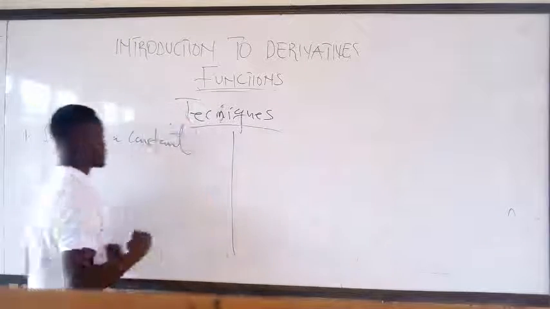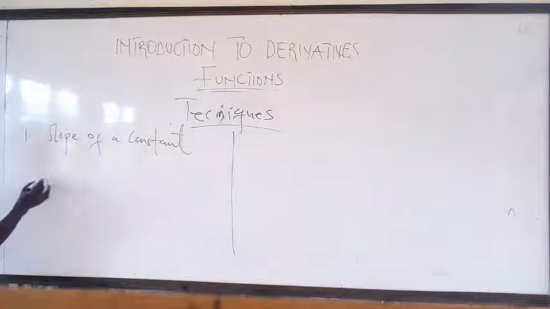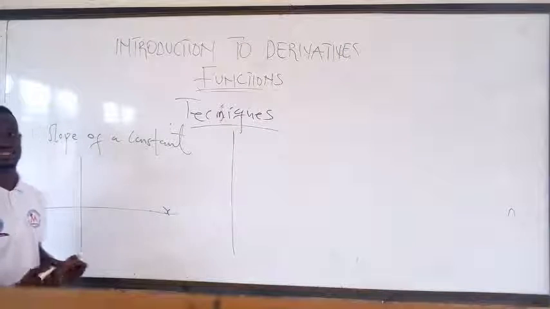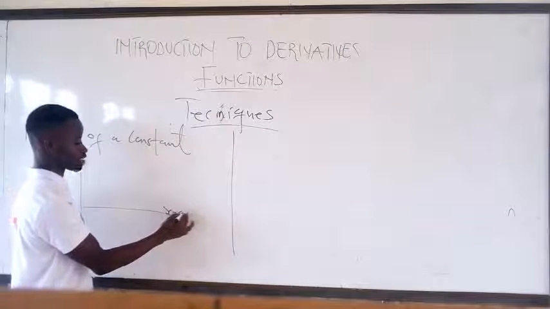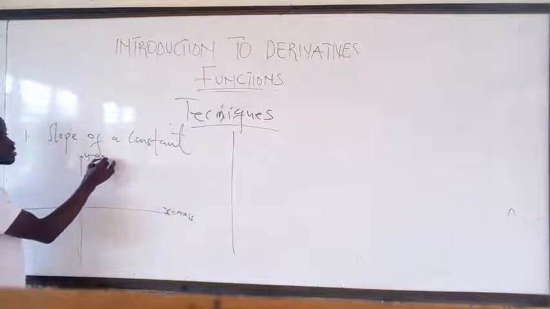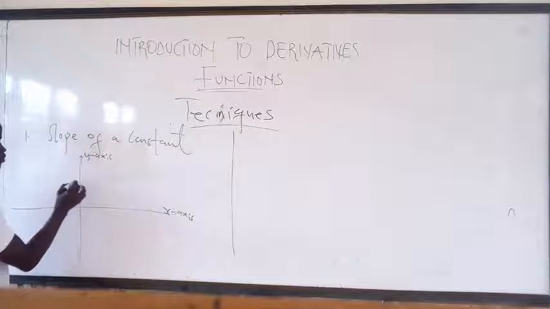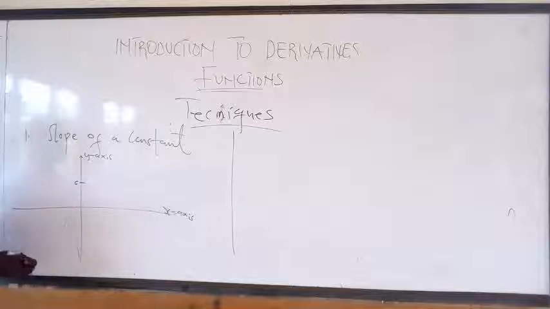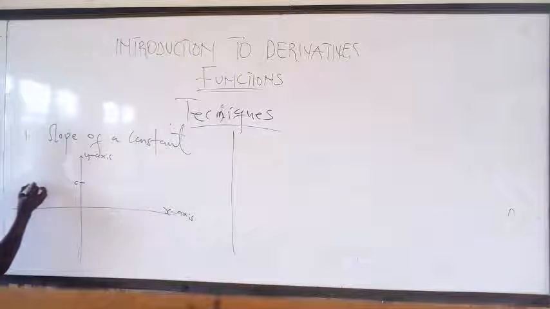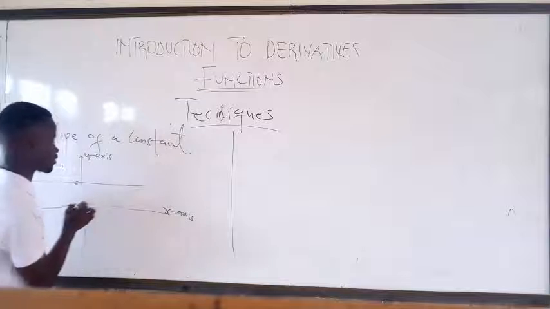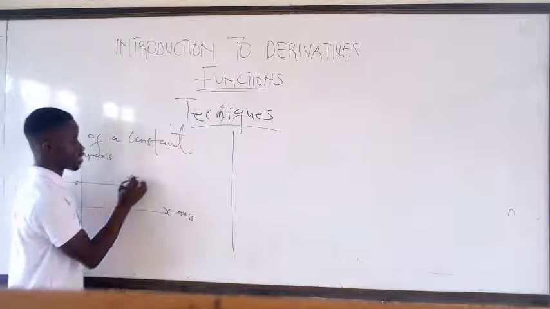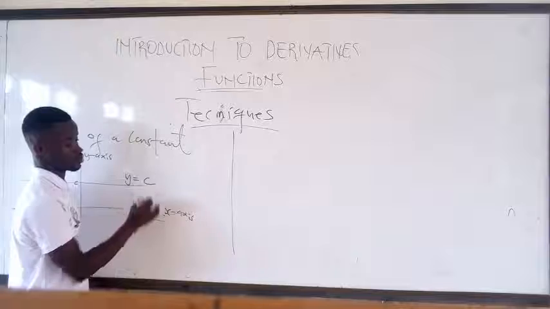So if we have, let's say, the x-axis or the Cartesian plane, we have the x-axis here, we have the y-axis, and we have our constant here to be c. So you see, we can have a straight line here, and this straight line is y is equal to c.